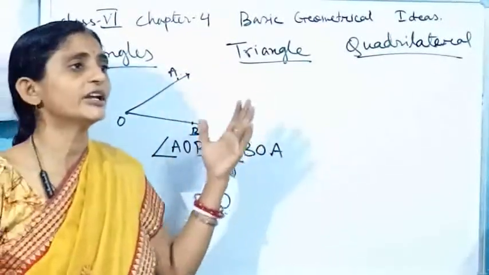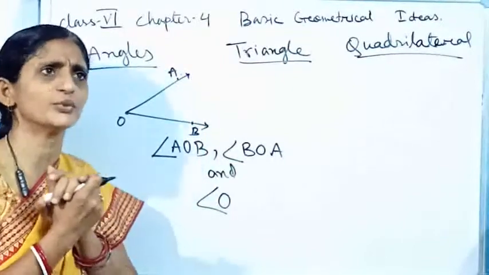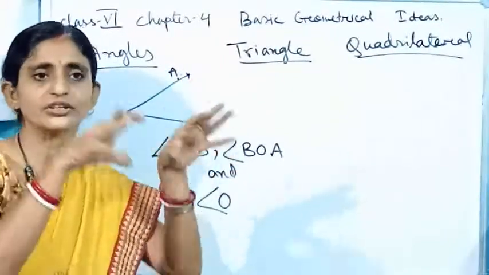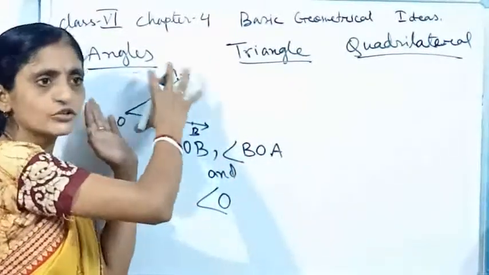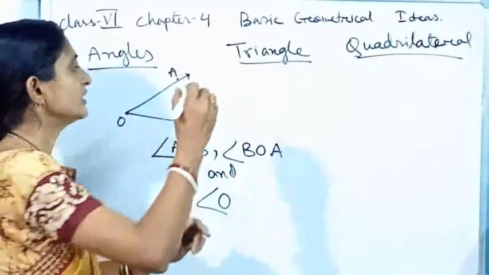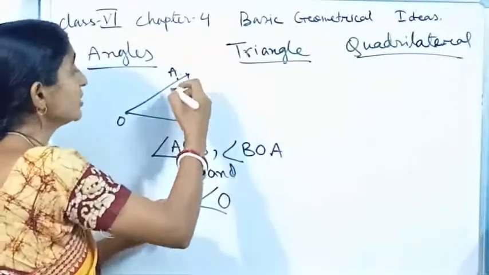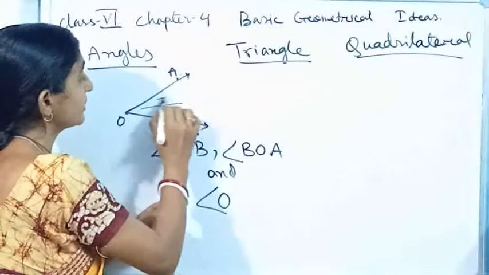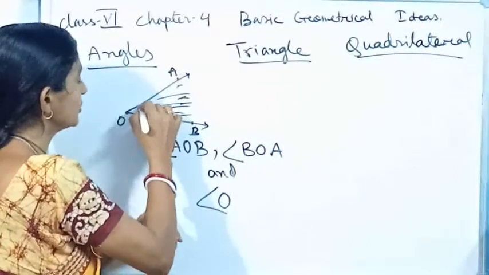Now, as we were talking about polygons, the interior of the polygon and the exterior of the polygon, an angle also has an interior and an exterior. The interior is this part, the surrounded part, and the angle must be marked with a curve line.